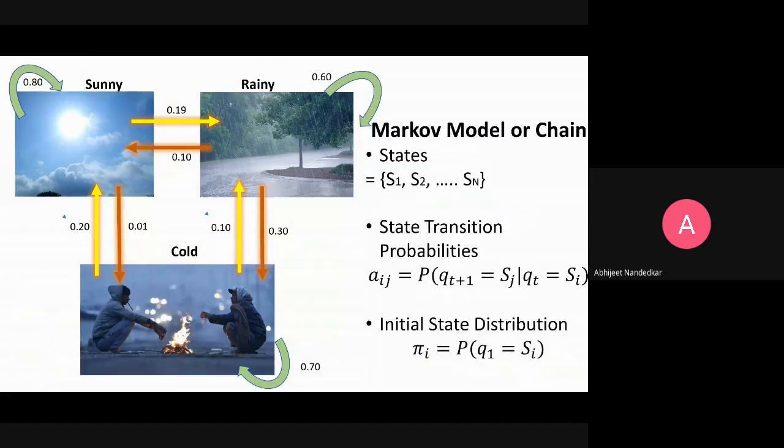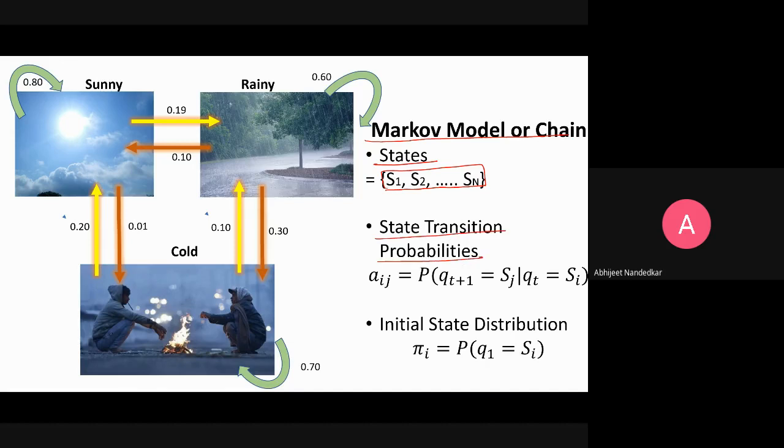we have the Markov model with different states. First of all we have to decide the states of our Markov model. States can be S1, S2 up to Sn, so there are n different states of a Markov model. Then we have to have transition probabilities from one state to another state.